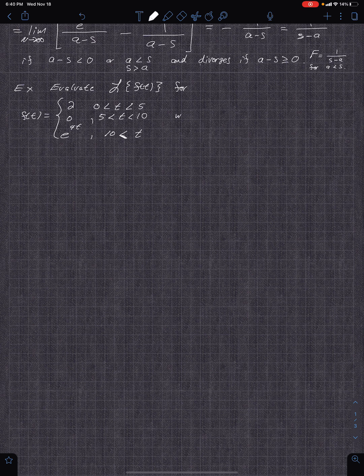So we break it up, or we use 3 separate integrals, because you can do that for the Laplace transform.